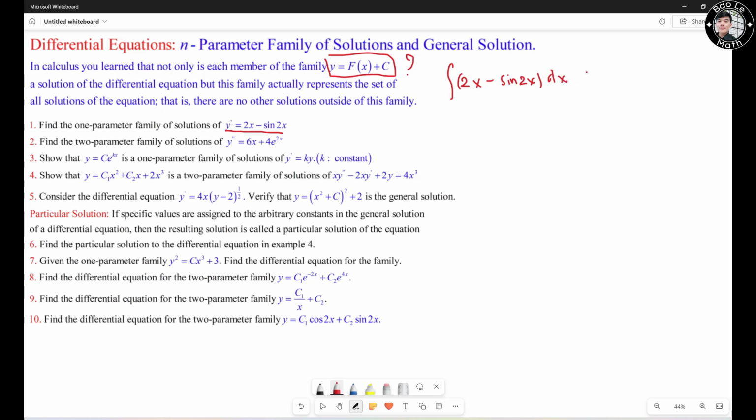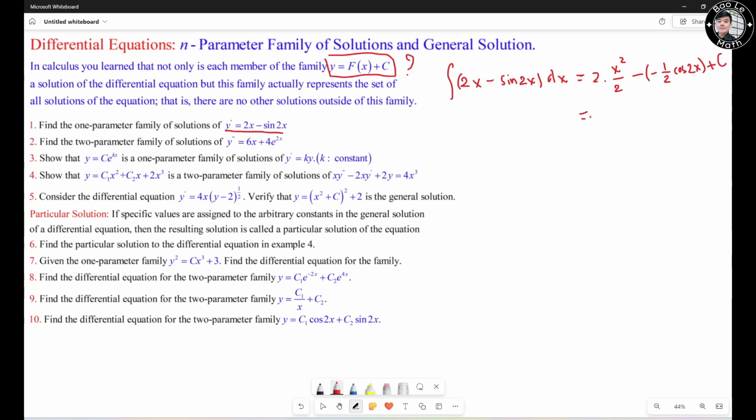So it turns out to be 2 times x squared over 2 minus, now you need to integrate this one, it turns out to be negative 1/2 cosine 2x. Alright, don't forget the constant c.